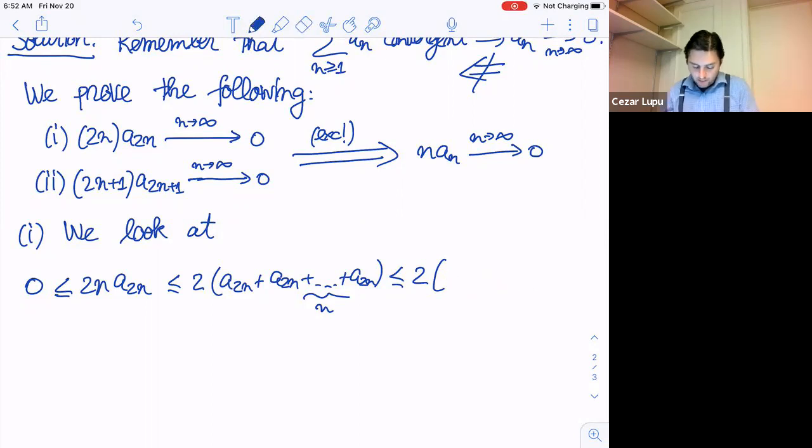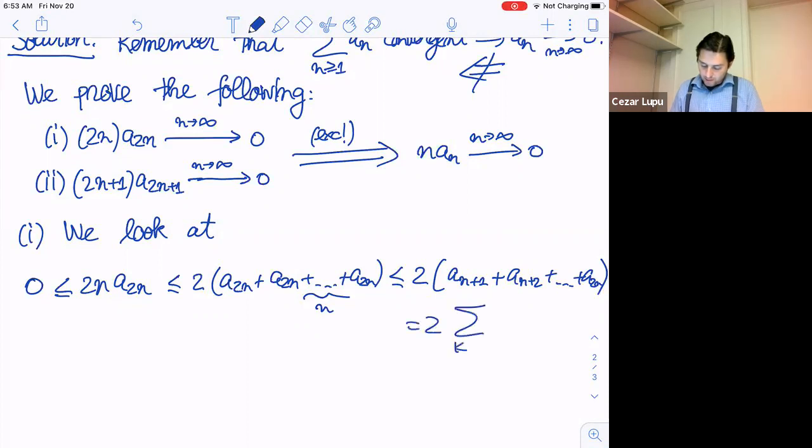So maybe I should write here a sub n plus 1 plus a sub n plus 2 plus all the way to a sub 2n. So this is equal to the sum from k equals n plus 1 to 2n of a_k. Let's write it in this way.